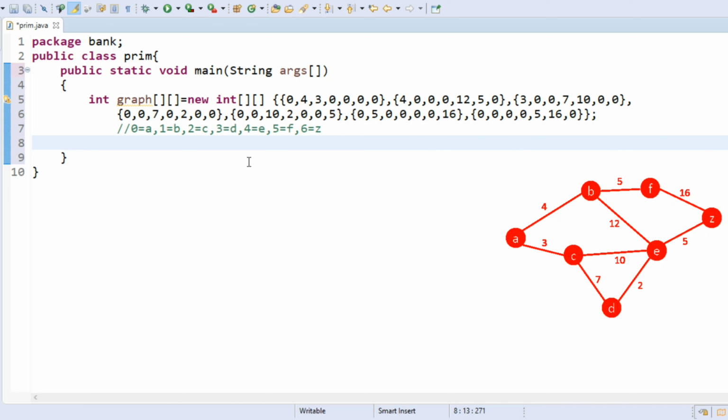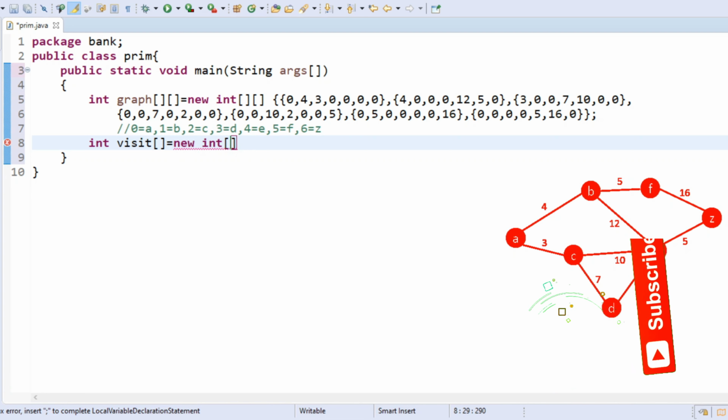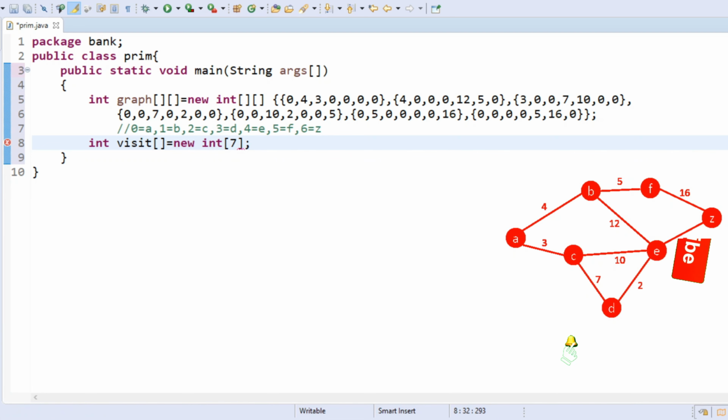In this way I created the graph values, and I created an array named visited. What should this array's size be? It should be the size of the graph, so I took the size of the array as 7.